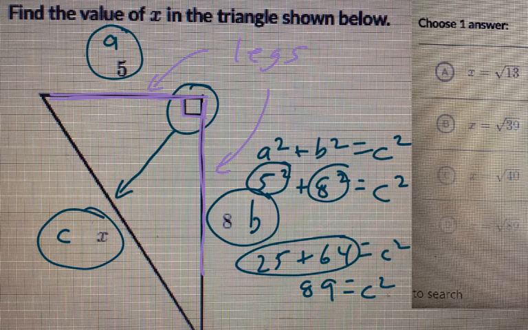Now remember, we want C, not C squared, so we take the square root of C squared. So C is going to be the square root of 89. And if you look at our choices, in this case, it would be choice D. You could take your calculator, do the square root of 89, and make it a decimal, but that's not what they asked. Look at your choices, guys. They left it as square root, so you picked the square root answer.